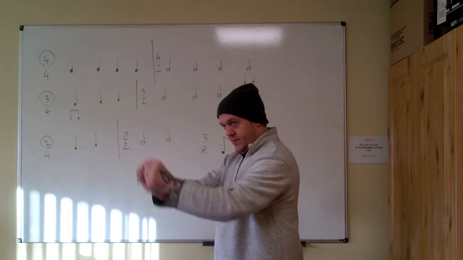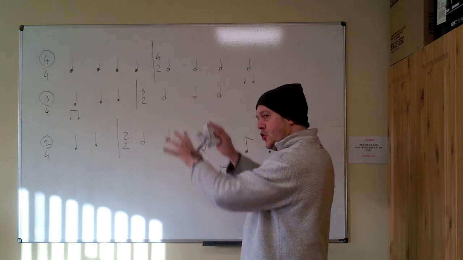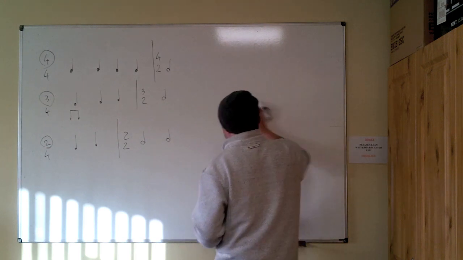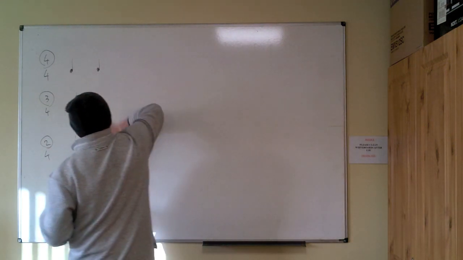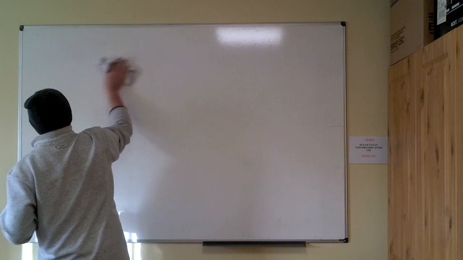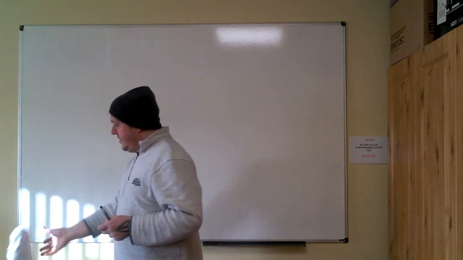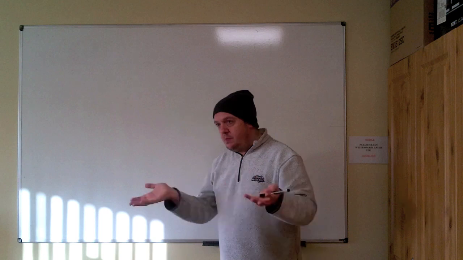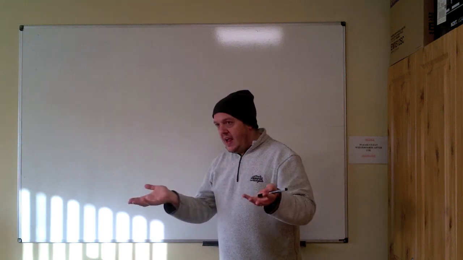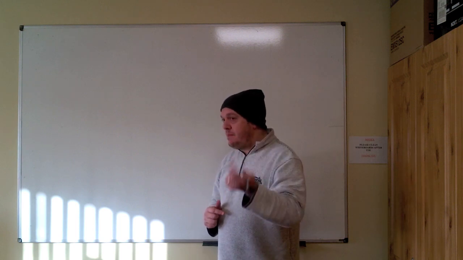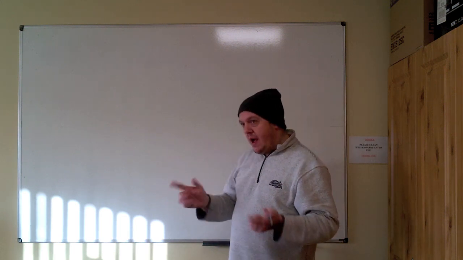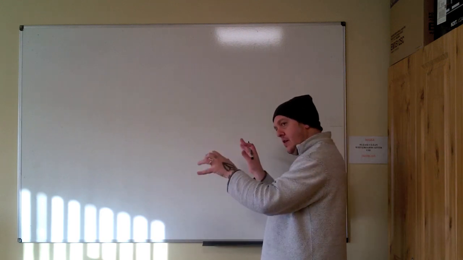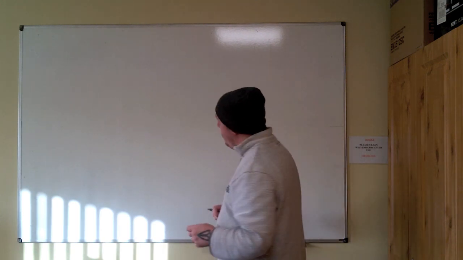Let me visualize that for you. This is just to anticipate the difference between a simple beat and a compound beat, and hence between a simple time signature and a compound time signature, but you don't need to worry about that now.